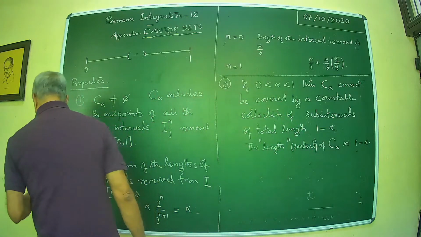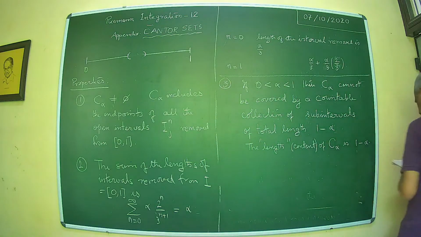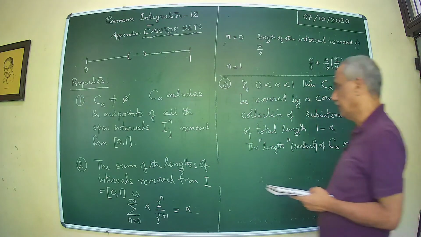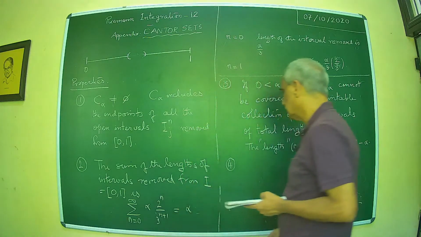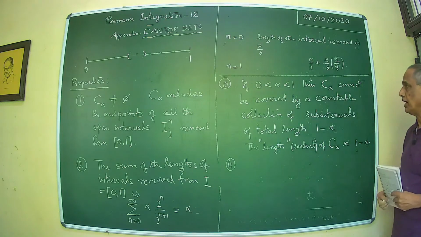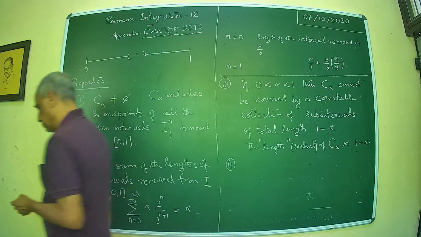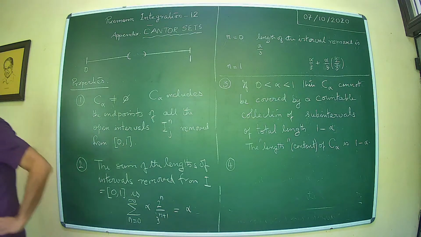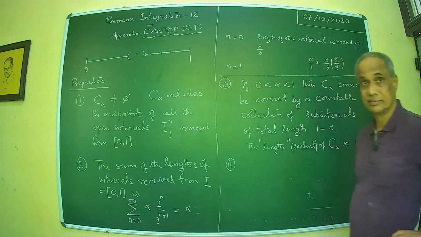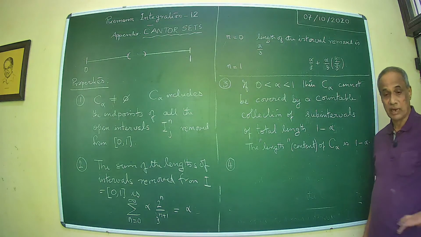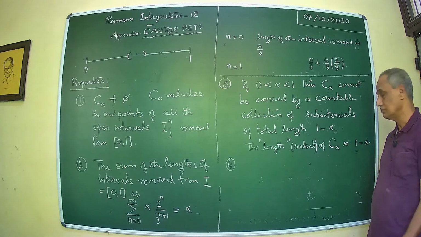Okay. It's a set of points. Now the fourth thing that you prove is C alpha for alpha less than 1, or alpha not equal to 1, cannot be a null set. Because after all, what is left over has length something like 1 minus alpha.